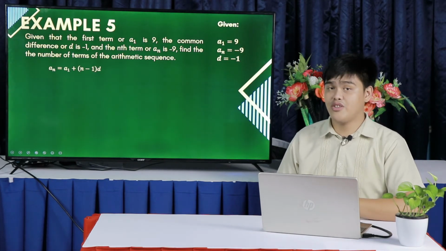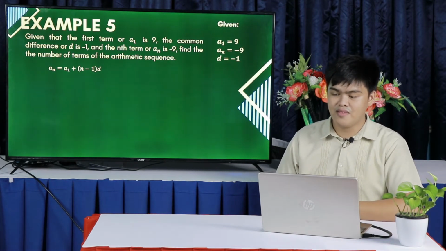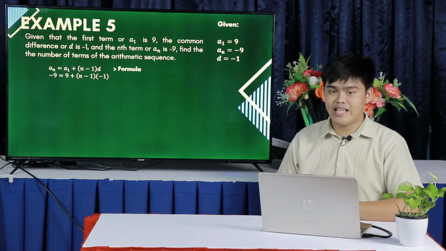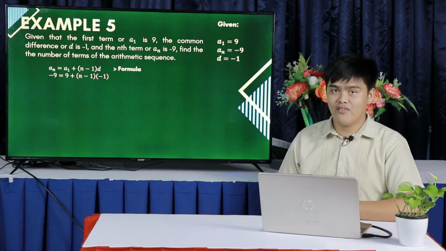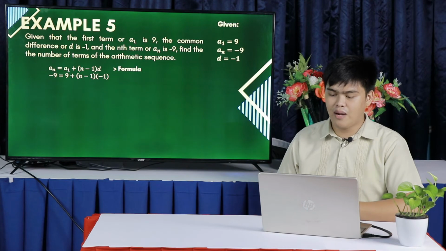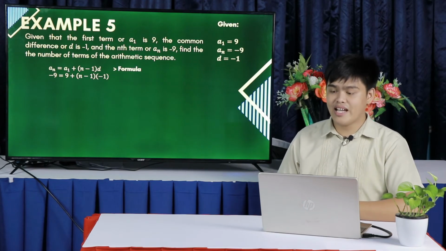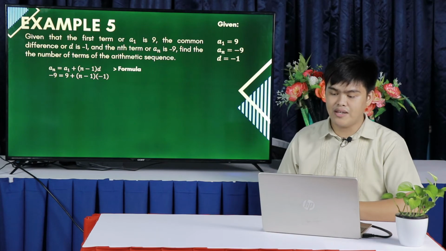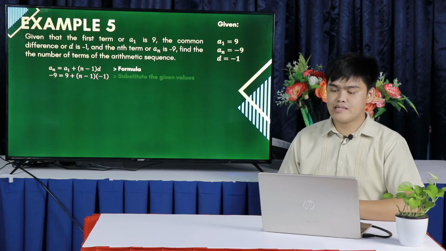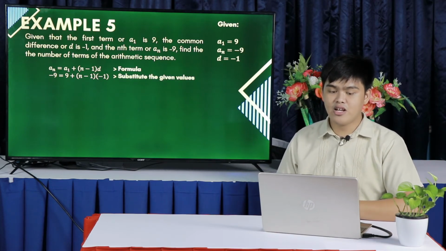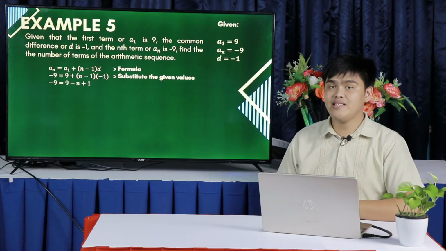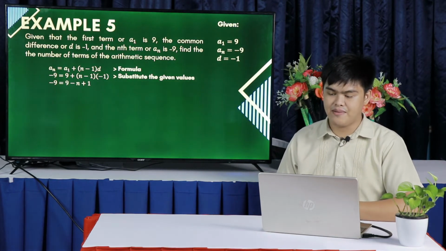We substitute the known values into the formula, which gives us negative 9 equals 9 plus quantity of n minus 1 times negative 1. By the distributive property, we distribute negative 1 to the terms of the binomial n minus 1, which then gives us negative 9 equals 9 minus n plus 1.